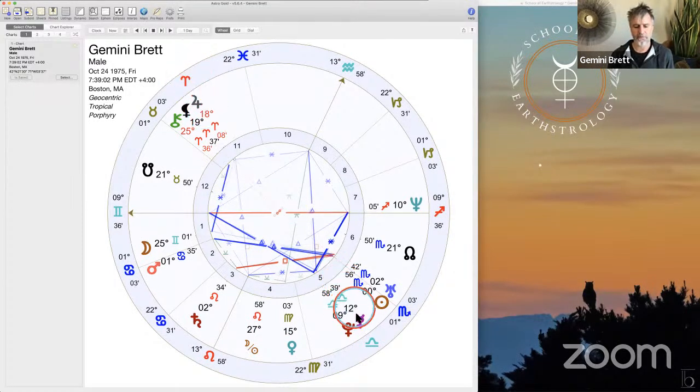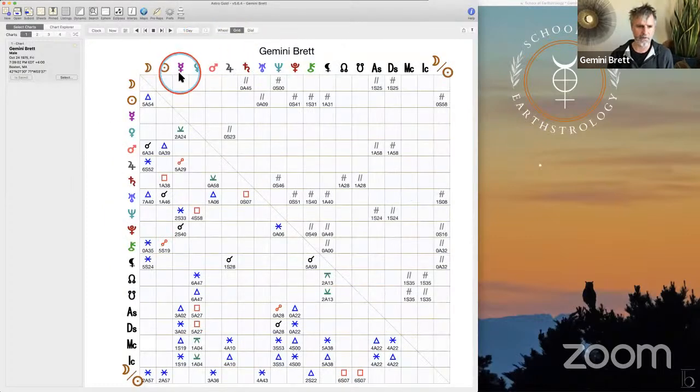Then they're applying to that opposition. So if I look at the grid, we're going to see Mercury opposite Jupiter. This is what they call these days the orb. They're 5 degrees, 29 minutes from a perfect opposition. And it's applying.